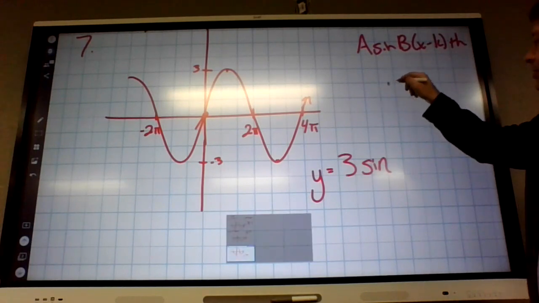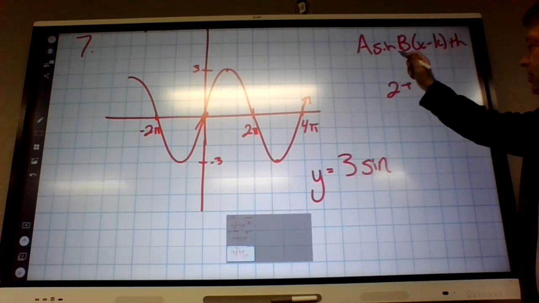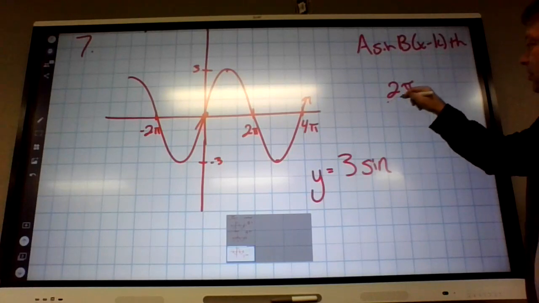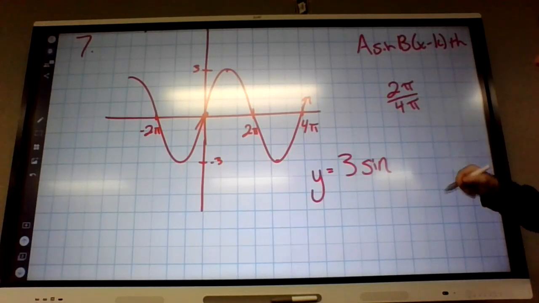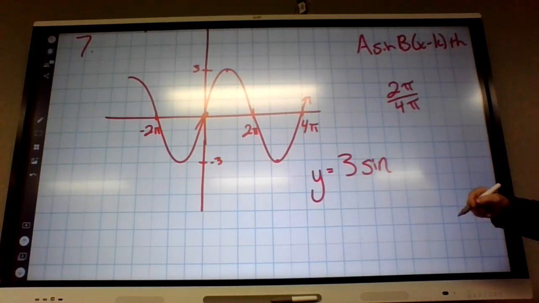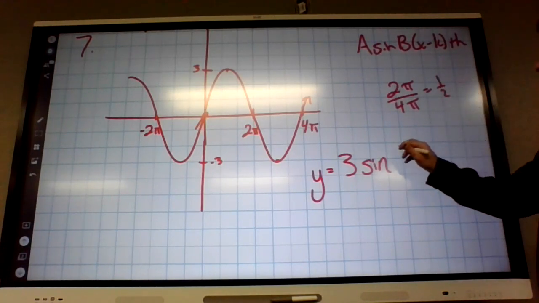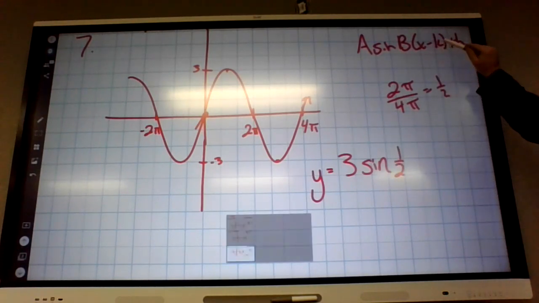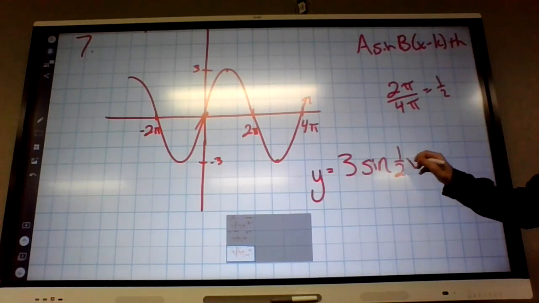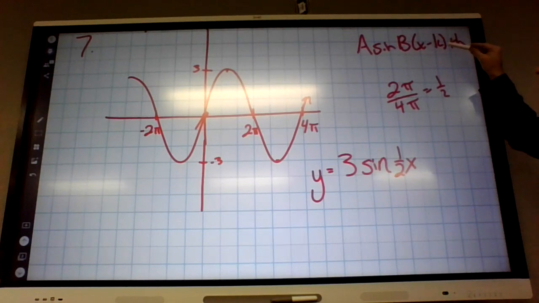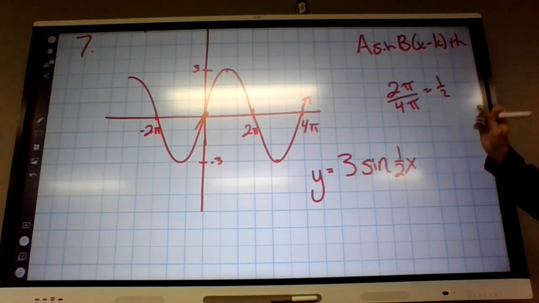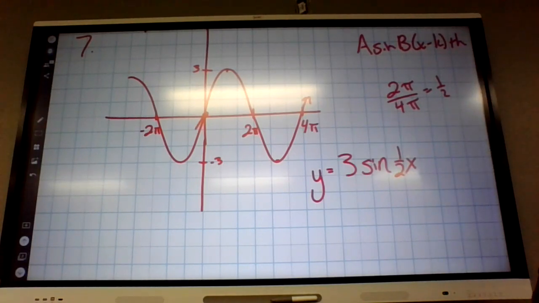The normal period, 2 pi, divided by 4 pi, which reduces to 1/2. Are we shifting right or left? No, so I don't really need the parentheses. I'll put an X. Do I need to shift up or down? No. So it's the easier one.